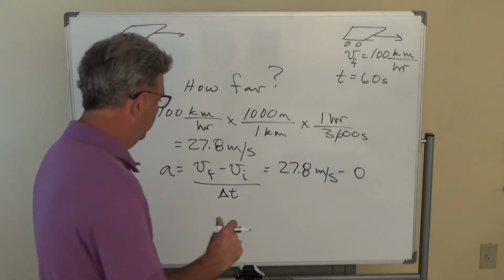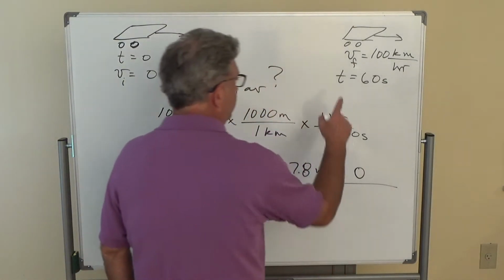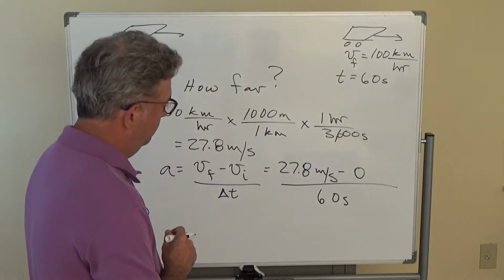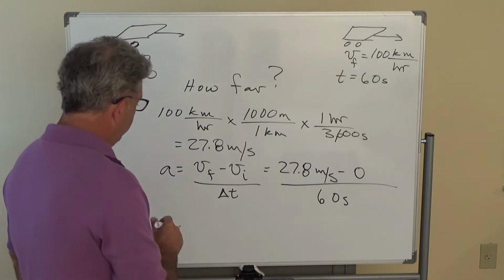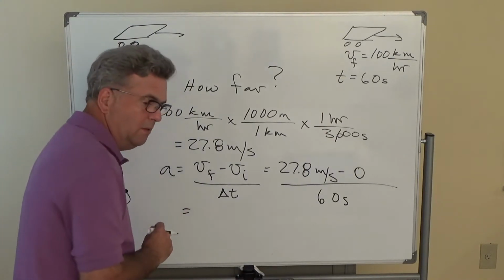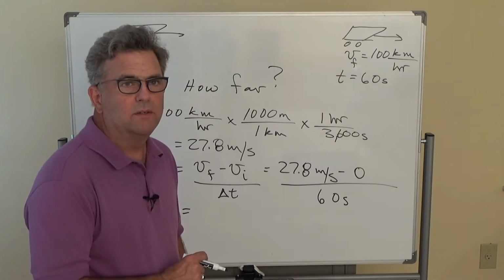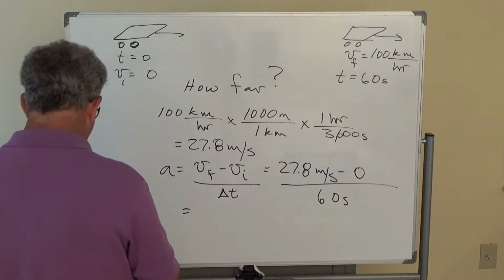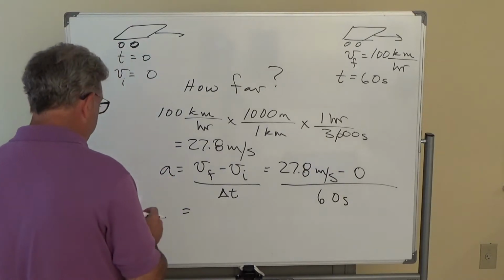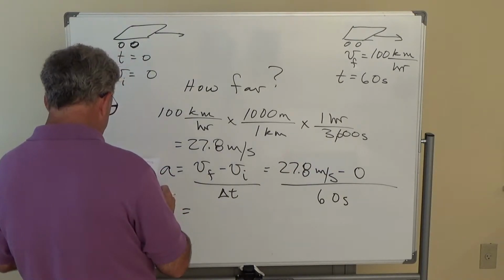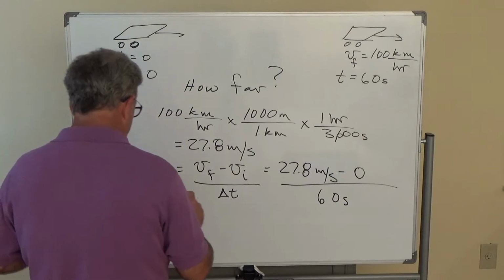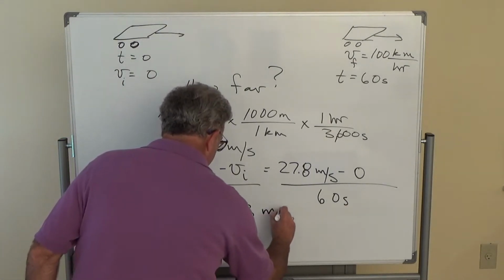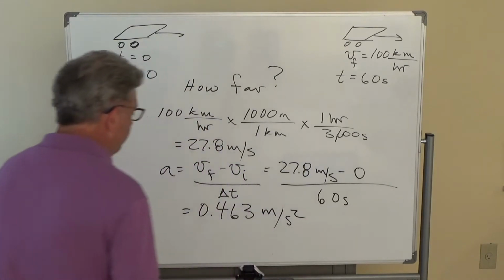V initial was equal to 0, and T was equal to 60 seconds. Okay, so the acceleration here, you guys still there? Yes. Thank you. If you do this calculation, the acceleration is equal to 0.463 meters per second squared.